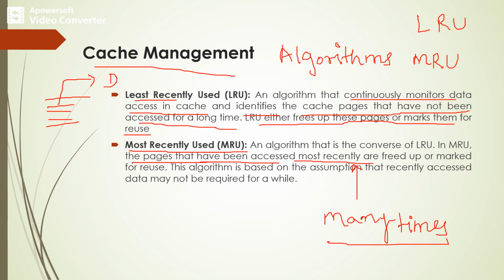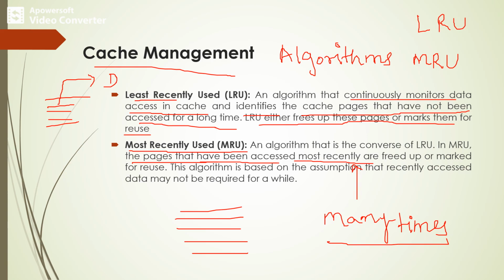Such set of pages will not be accessed in future. So depending upon that concept, some set of pages from the cache will be deleted. So that is how we can manage the cache space whenever the cache is full.